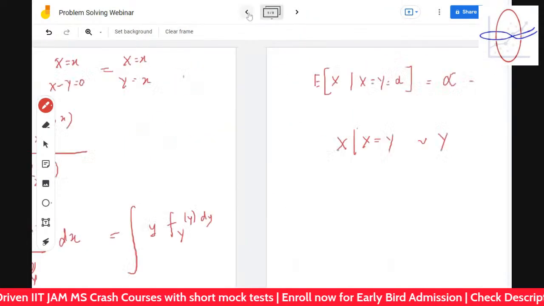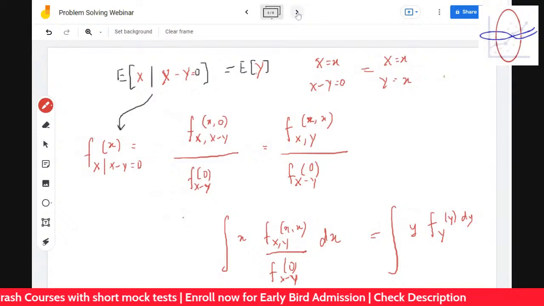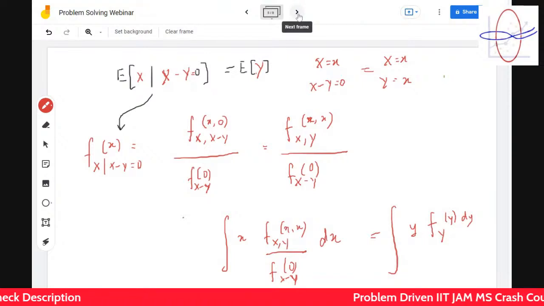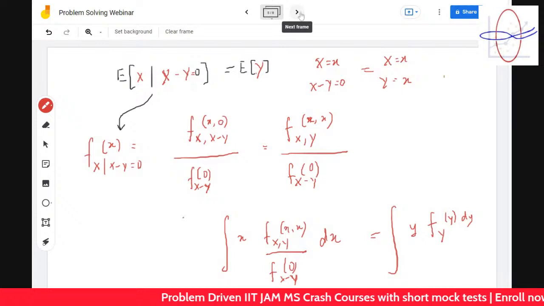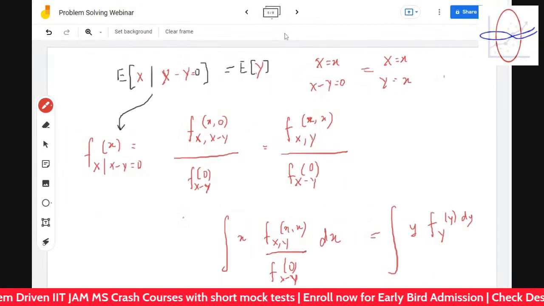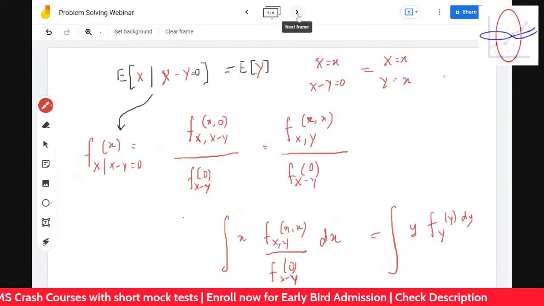So we can do it like x is equal to a random variable y. So we can exchange y and x. It's okay to write y in place of x then. No, you have to do it mathematically. You understand? You have to do it mathematically.